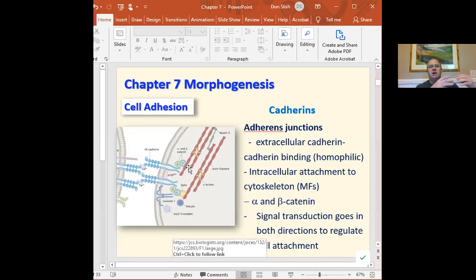So when they attach, they activate signal transduction, so the cell knows it's attached to something, attached to another cell, I mean, specifically, because these are cadherins. Recognition goes in the other direction as well. When the cell wants to let go, it signals that to the cadherin, and on the other side, the cadherin lets go, so the cell can separate from other cells. So that's what I mean by signal transduction going in the opposite direction. The cell can signal the cadherin to let go.